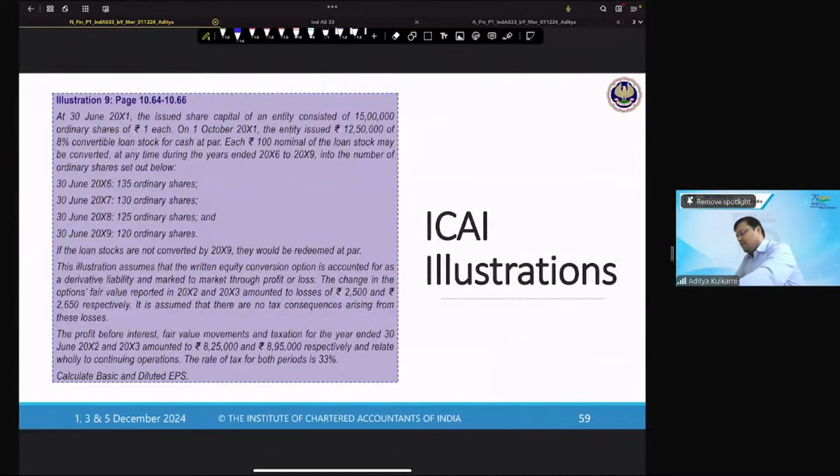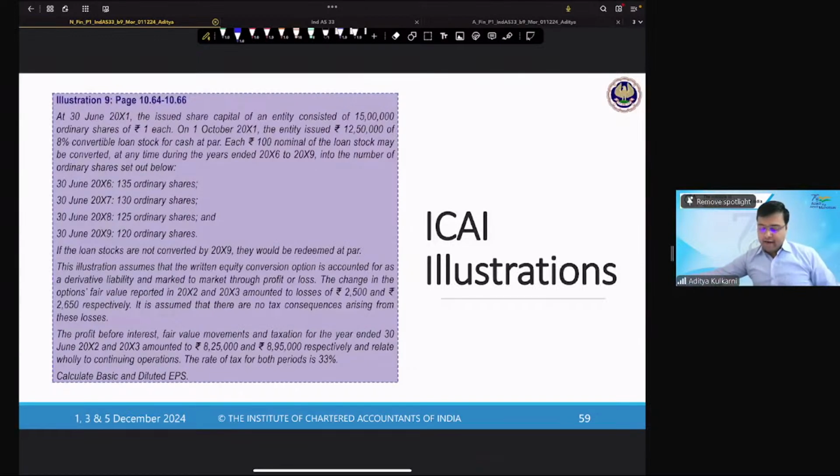Next one is illustration 9. Let us do this. I won't say it is difficult, but there is one thing that you will have to just take for the time being and solve. And then, once you do your financial instruments, you can take it into consideration.